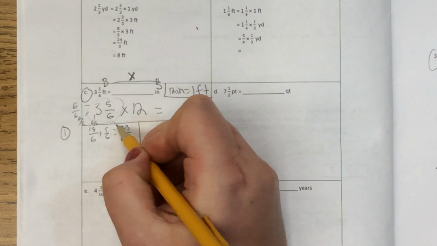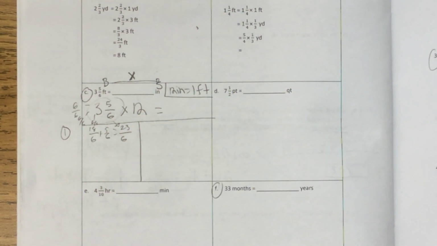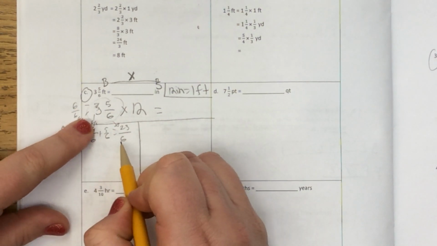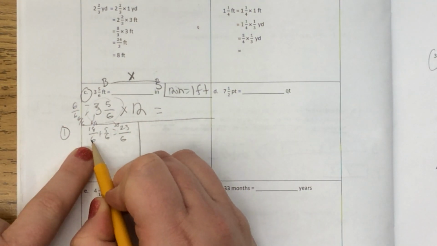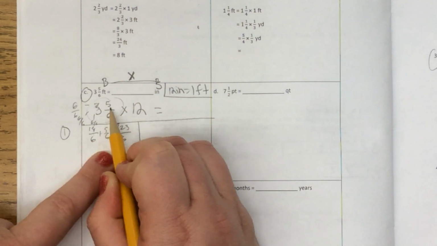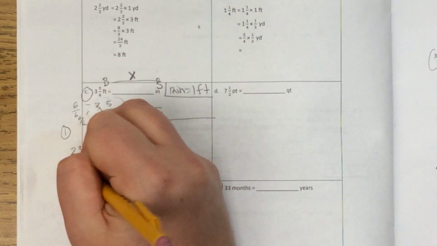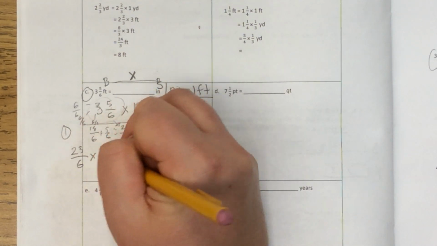That's how we would write 3 5/6 as an improper fraction. Taking that 3 and turning it into with denominators of 6 or 18/6 and adding it to our fraction to get 23/6. Then I'm going to multiply it by 12.